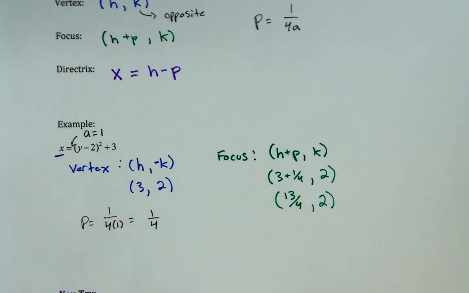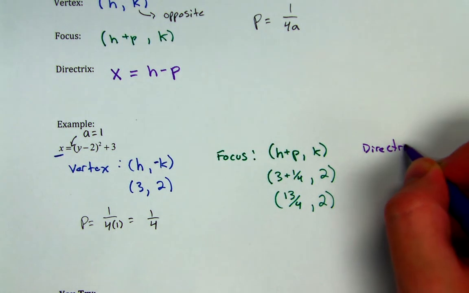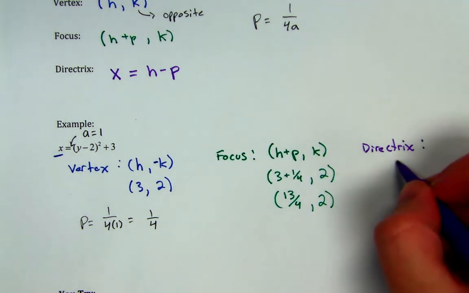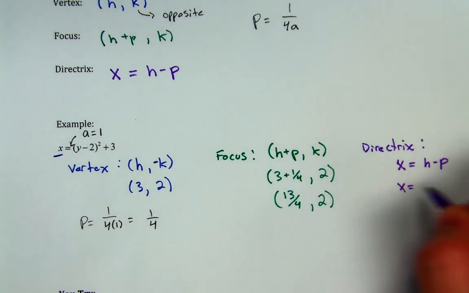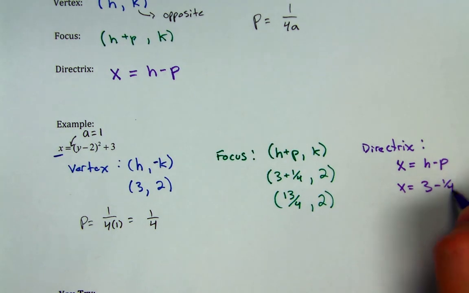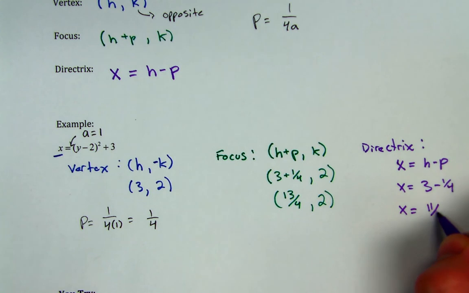And then lastly, we've got to find the directrix. That is your x equals h minus p. So x equals h, we've got 3 minus 1/4. So then we have x equals 11/4.